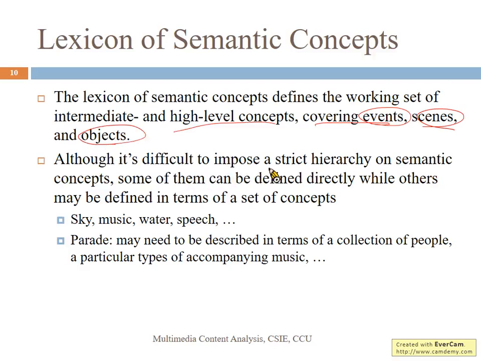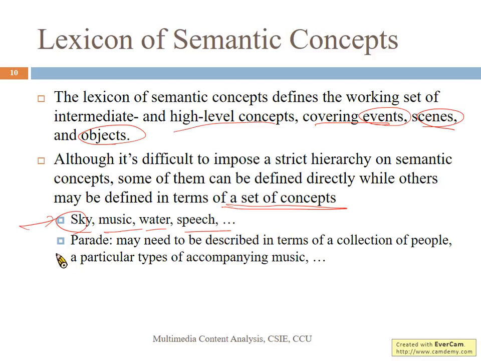And although it's difficult to impose a strict hierarchy on semantic concepts, some of them can be defined directly, while others can be defined in terms of a set of concepts, like the atomic or simple concepts: sky, music, water, speech. All these are simple and can be defined directly.